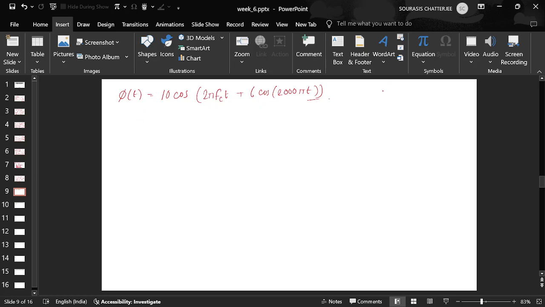So for standard frequency modulated signal s_FM(t) with sinusoidal modulation, that is your message signal is sinusoidal, it has this formula, right?